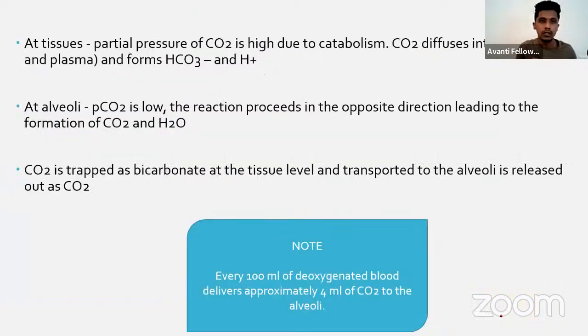Why? Because the bicarbonate and hydrogen ions increase in the blood as the carbon dioxide levels increase, and the hydrogen ion concentration is picked up by a chemosensory function. It is like a sensor which detects the increase in hydrogen ion concentration in our blood.